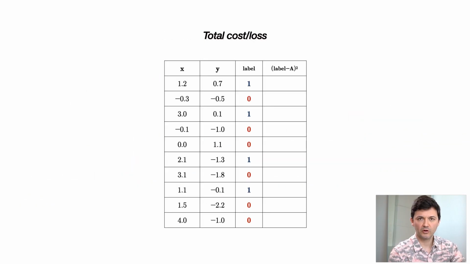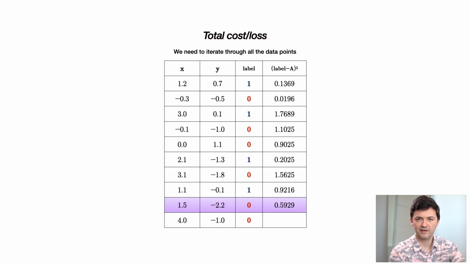So to compute the total loss or cost would require us to keep track of the outputs for all the data points so that we can eventually sum them. So we need to iterate over all the data points. We have already computed the cost for the first data point and for the second data point, and we should just keep doing this for the third, fourth, fifth, sixth, seventh, eighth, ninth, and 10th in our case.